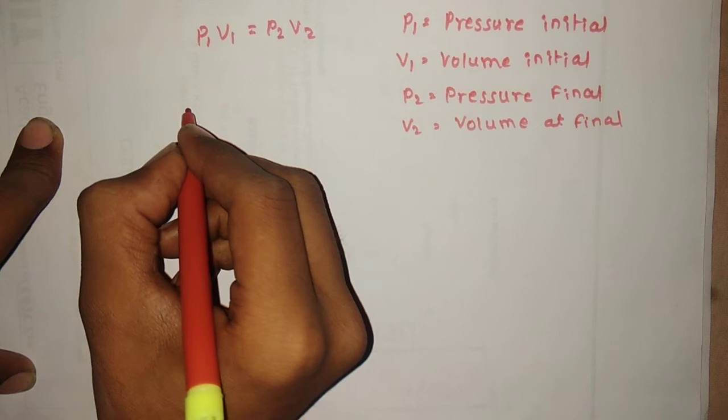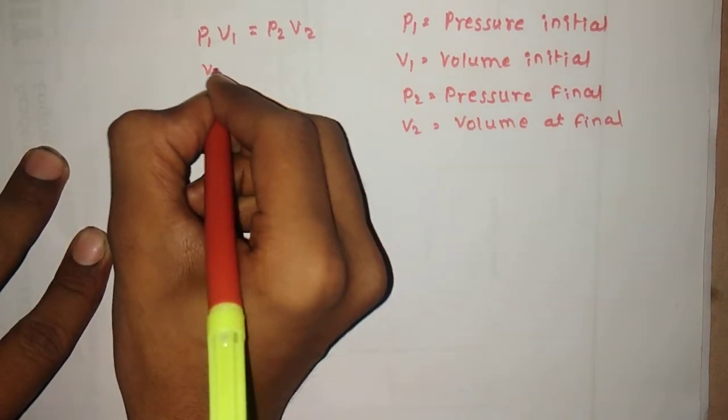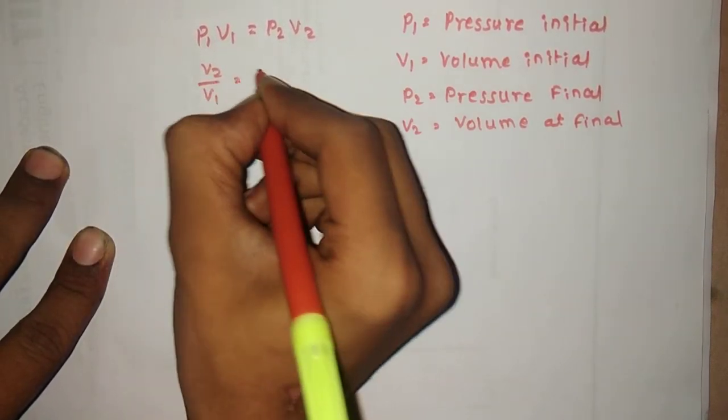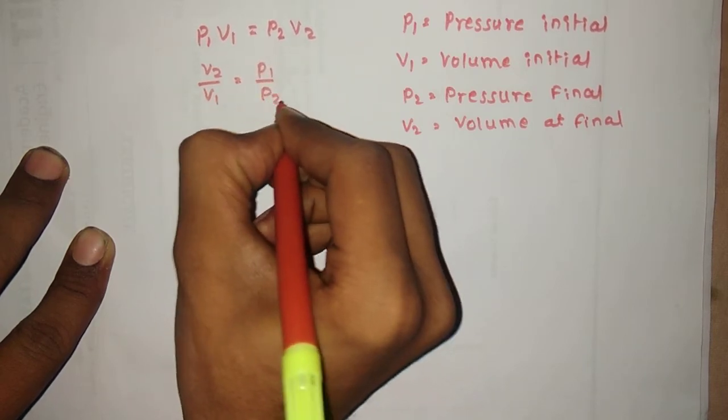So from this we get V2 by V1 equals P1 by P2.